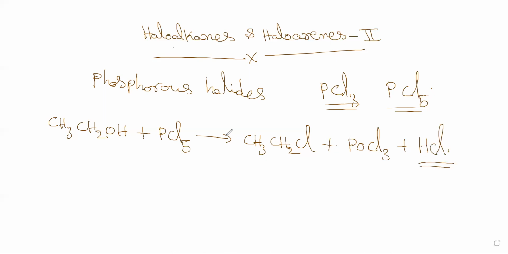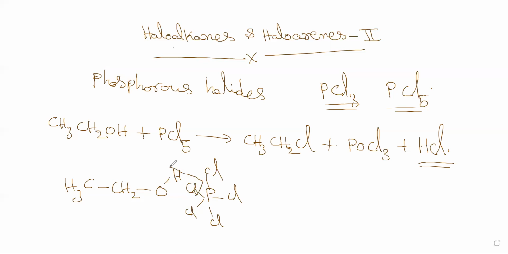So basically what happens here? I will tell you. Here you have CH3CH2OH, and PCl5 is like this. It's a TBP kind of structure, trigonal bipyramid.